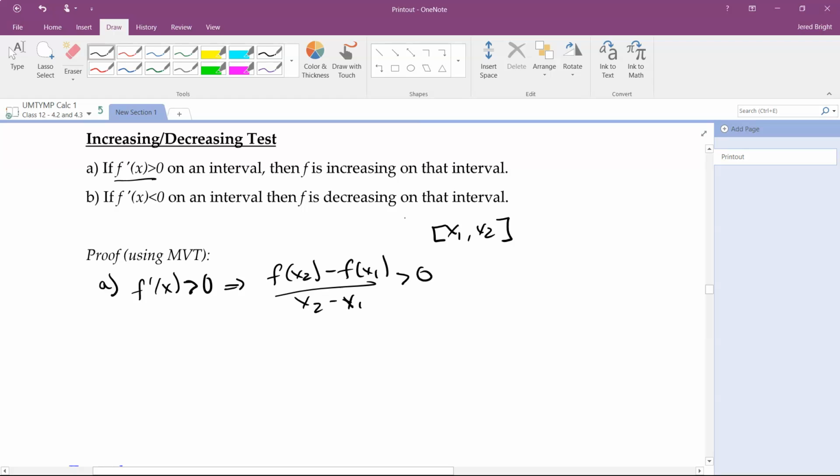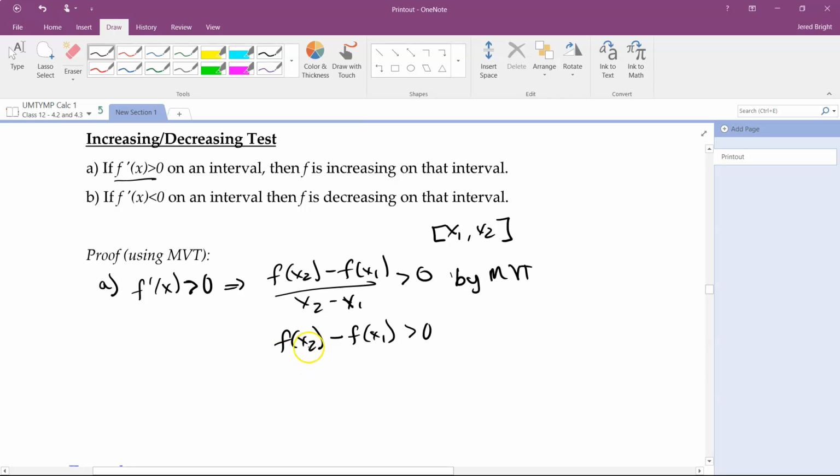Okay, so we're on that interval. If this is true by the mean value theorem, what does that mean? It means that f of x2 minus f of x1 is greater than 0, because you can multiply both sides by x2 minus x1, and if it happened to be negative, the sign would switch and it would work out in the end anyway.